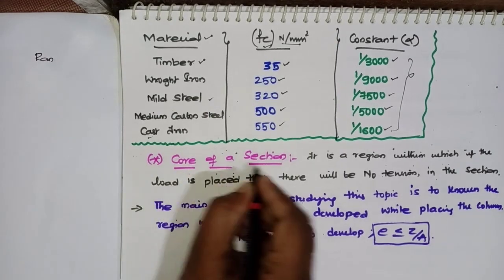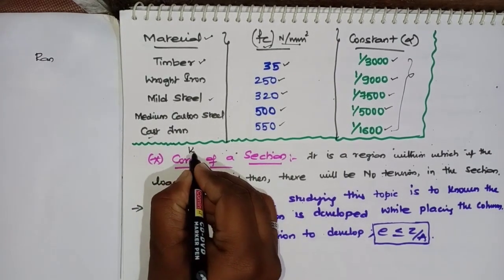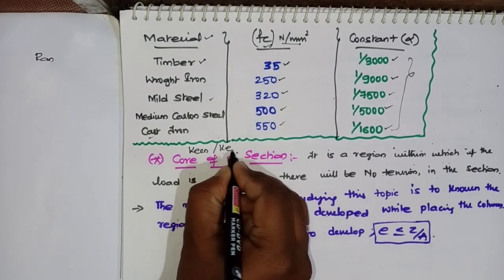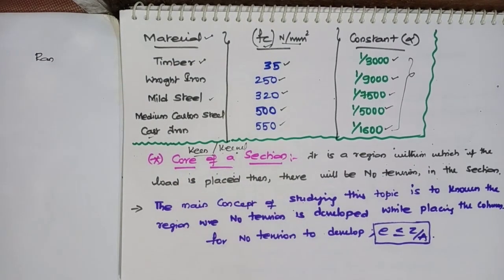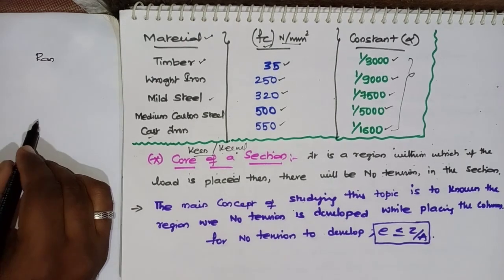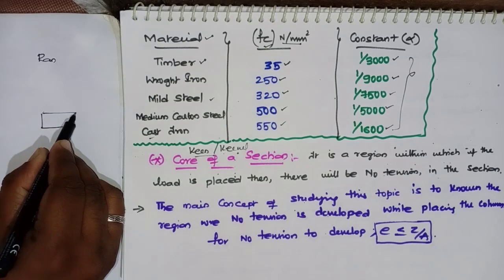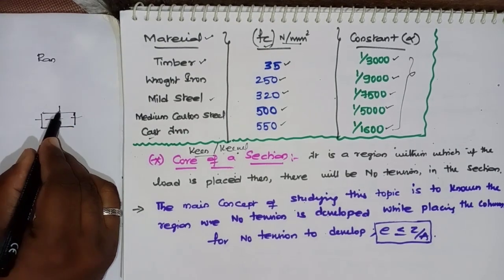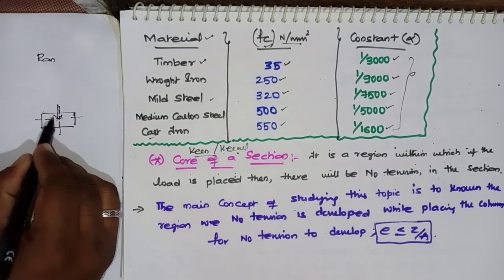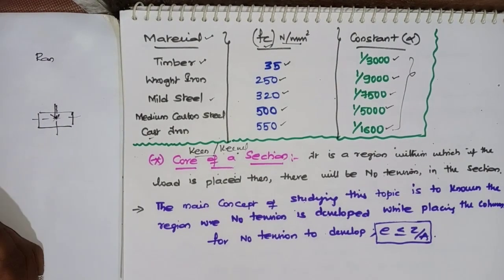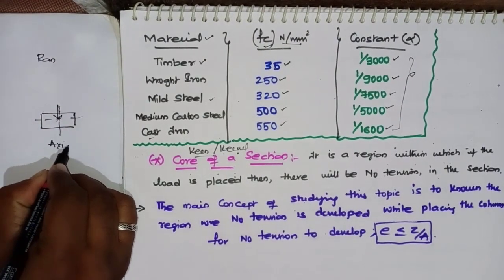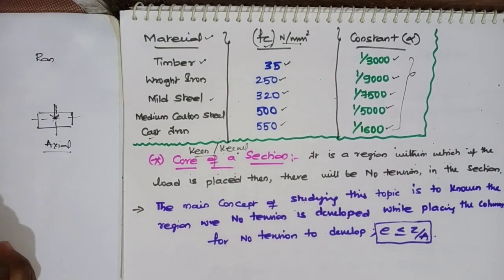Coming to the core of a section, which is also known as the kern or kernel. What is the core or kernel of the section? Suppose I take a rectangular column. If the load passes through the point of intersection of both axes, it is called axial. But due to some errors, either fabrication or construction errors, there may be a chance of eccentric loading.